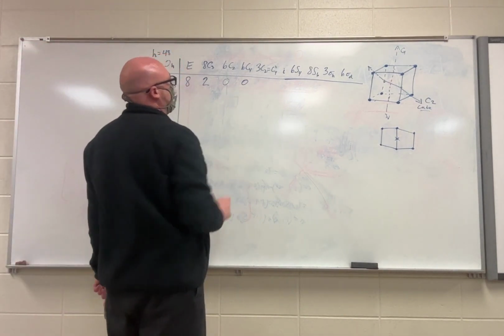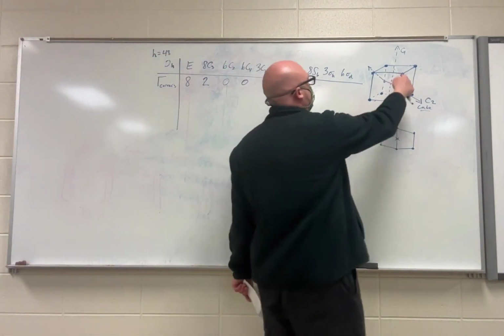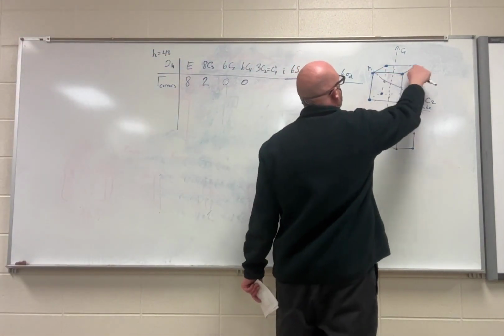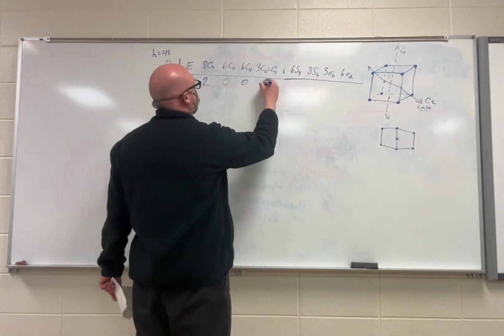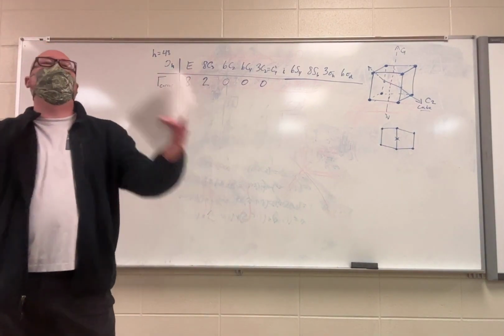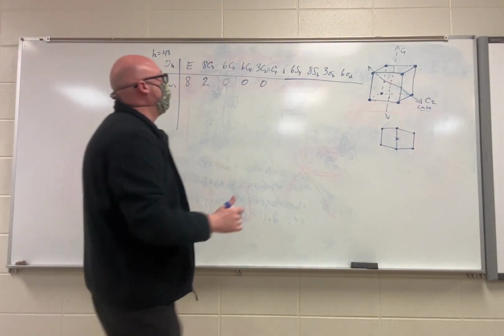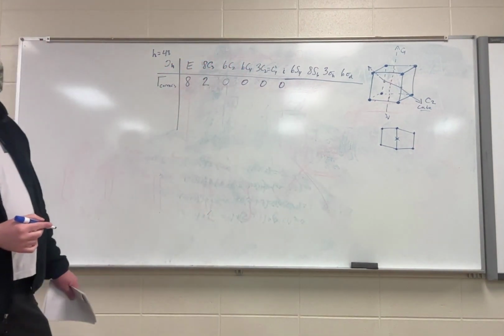If I take a C2, coincident with the C4, I see the same thing. Every point moves to another point on the cube. So again, the character is 0 here. With inversion, every point must invert to another point on the cube. So the character here is 0.